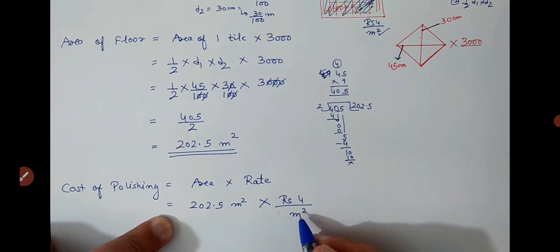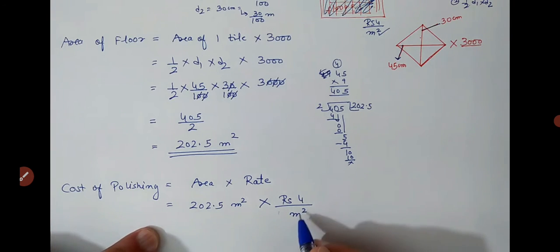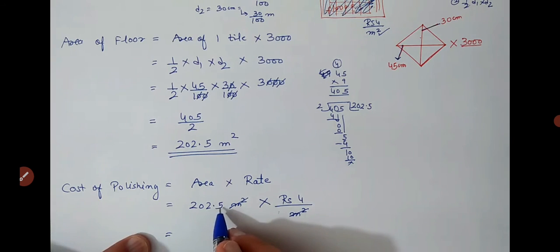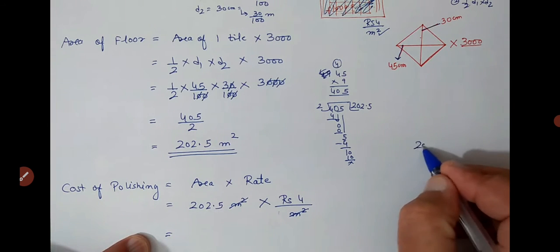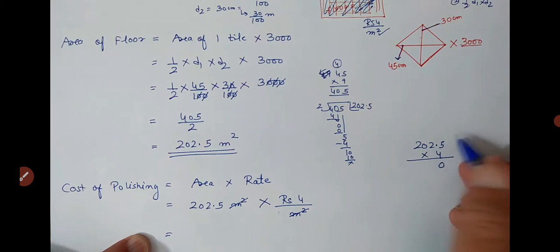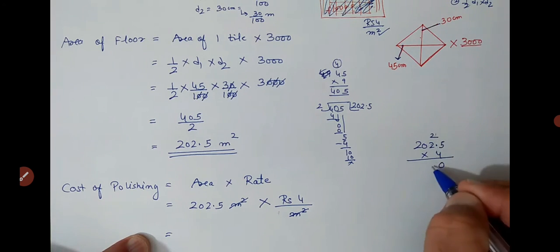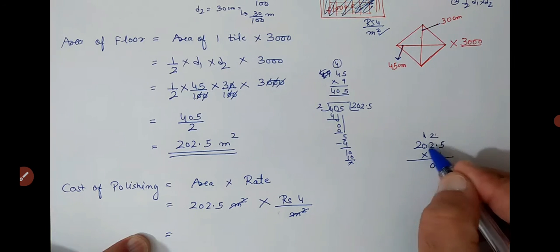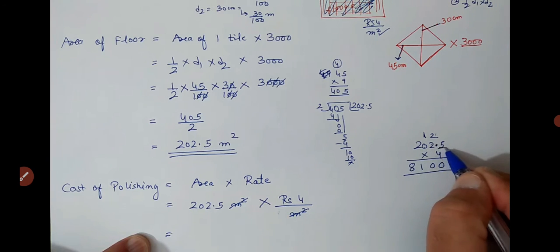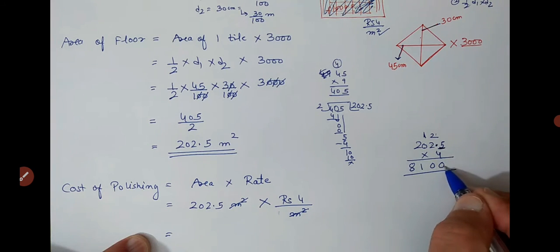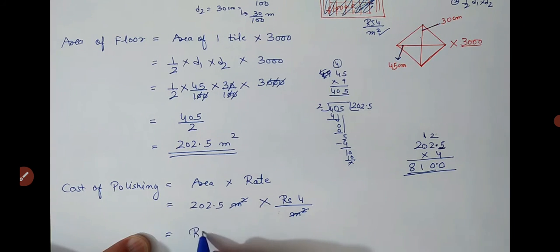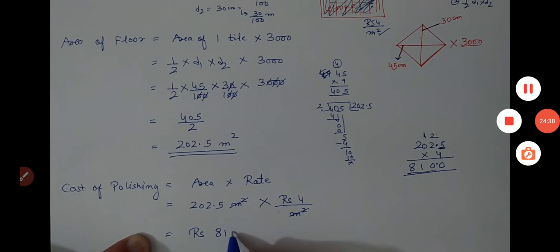Because both are in meter square, multiplication करेंगे हम 202.5 into 4. 4 5 are 20, 4 2 are 8 plus 2 10, 1 carry out, 4 2 are 8, so we can get 810. Okay, rupees 810 is the cost of polishing.